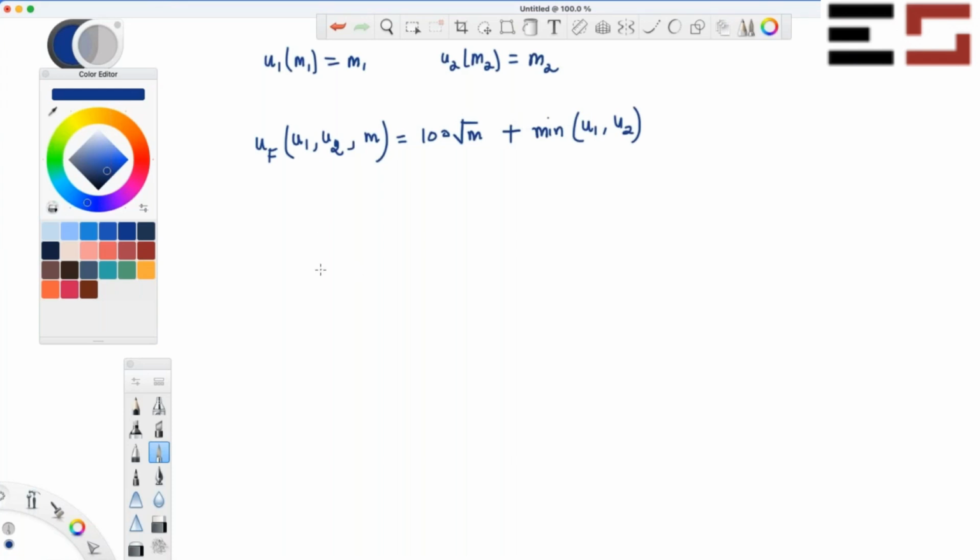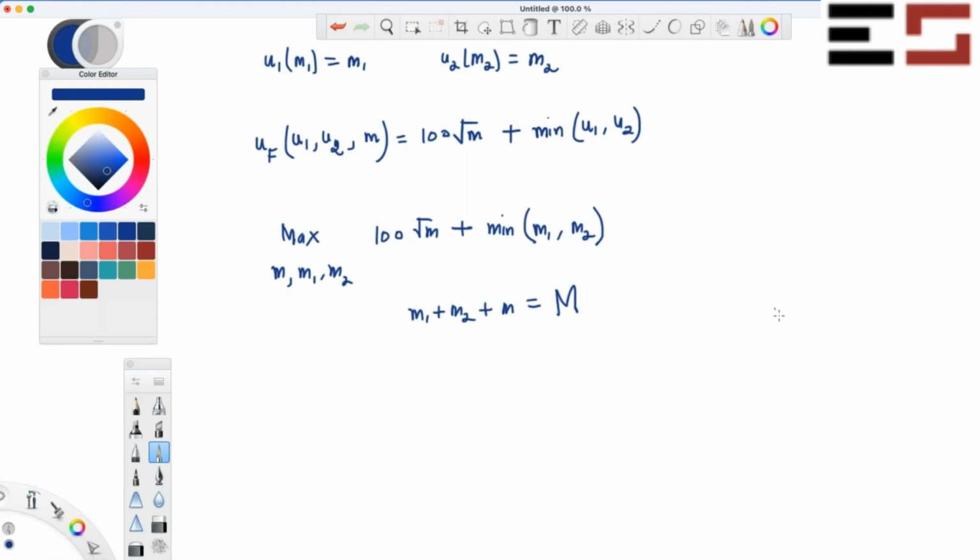Now we can solve this problem, which is: maximize with respect to m, m1, m2, 100 root m plus min(m1, m2), and the constraint is m1 plus m2 plus m is equal to some capital M. That's what he has.